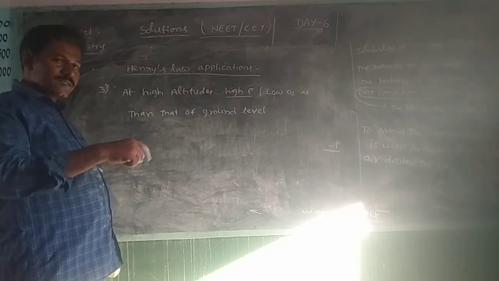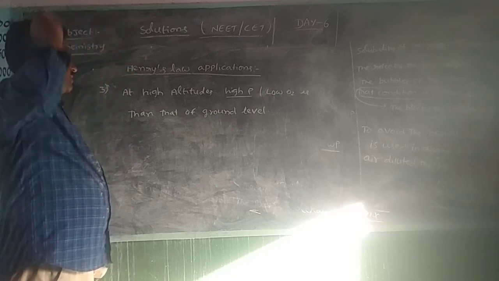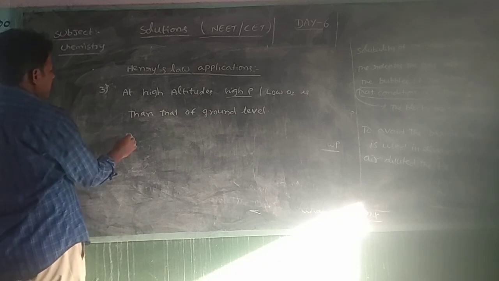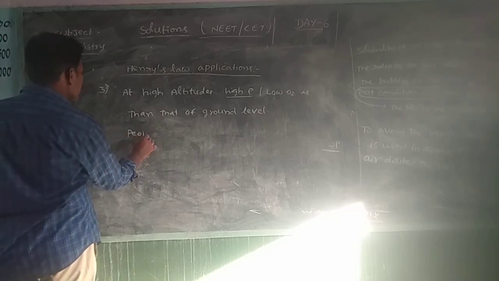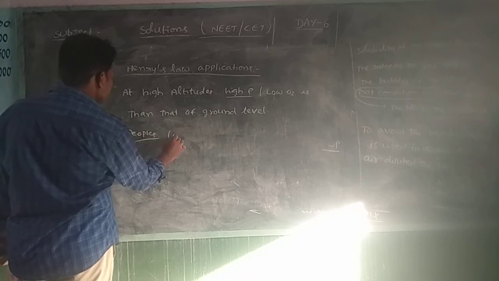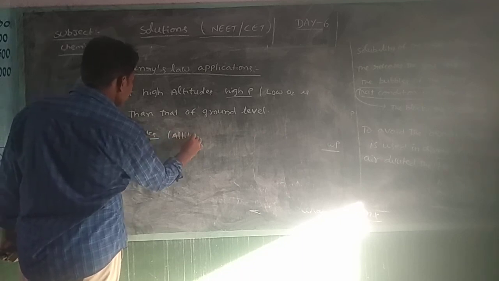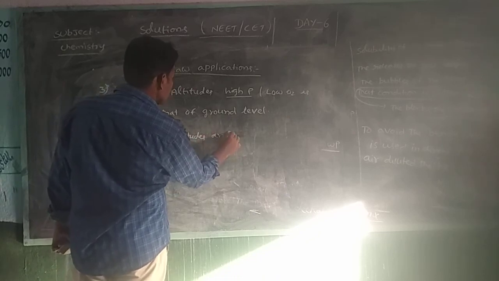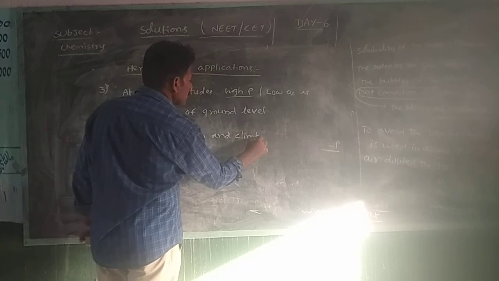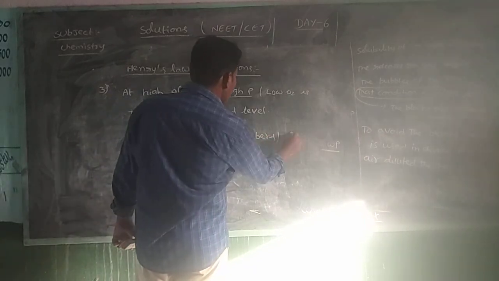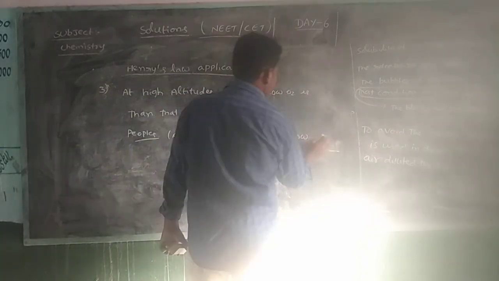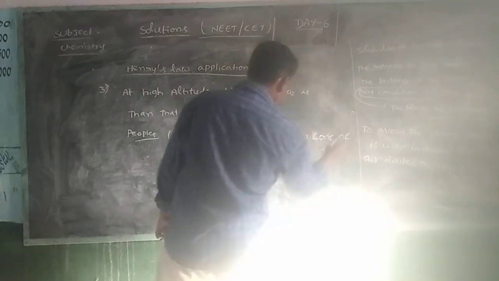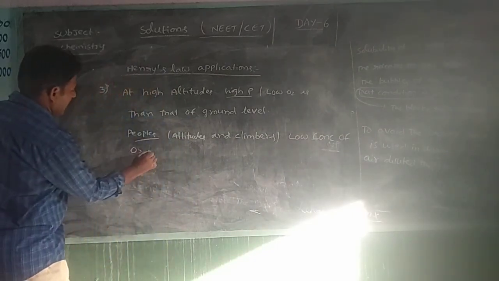At ground level, oxygen is more than at high altitudes. That's why people at high altitudes and climbers have low blood oxygen, a low concentration of oxygen in the blood.